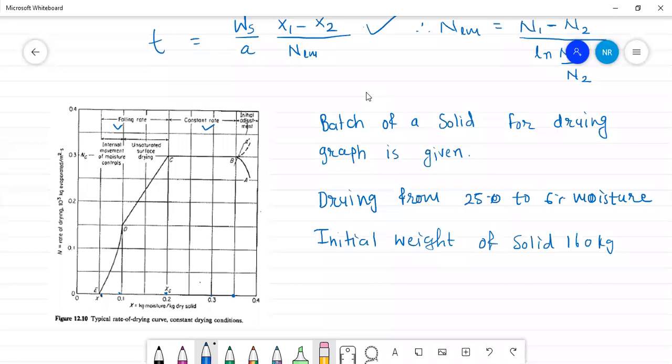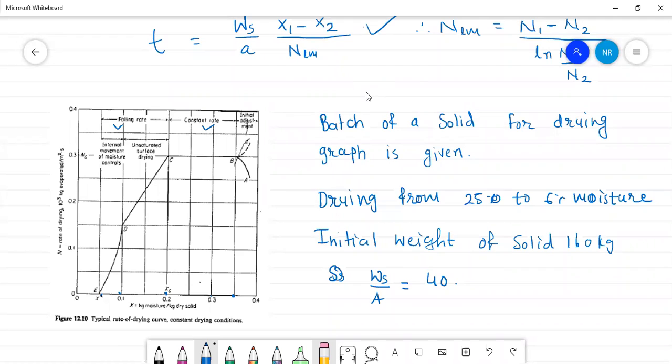Now the value of Ws divided by A is equal to 40. This is given.